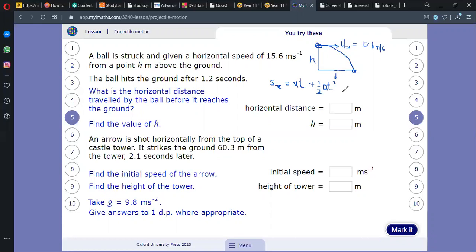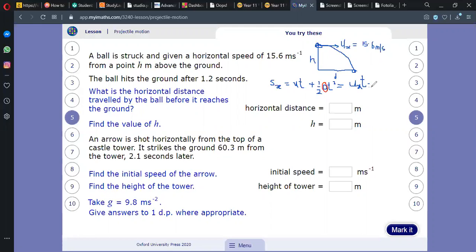So because it's horizontal, the acceleration in the horizontal direction, as you know already, is definitely 0. So this half at squared becomes 0, and I'm only going to be left with ut. And don't forget that u is the u in the horizontal direction, which is ux.